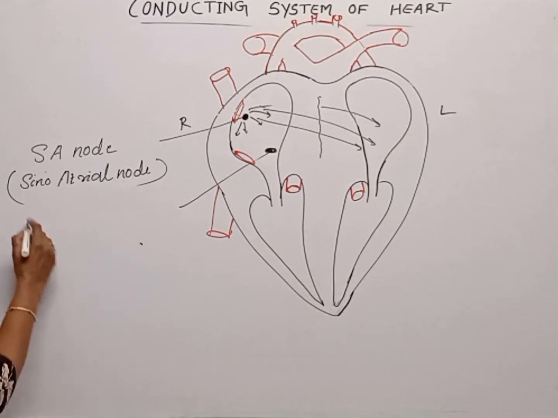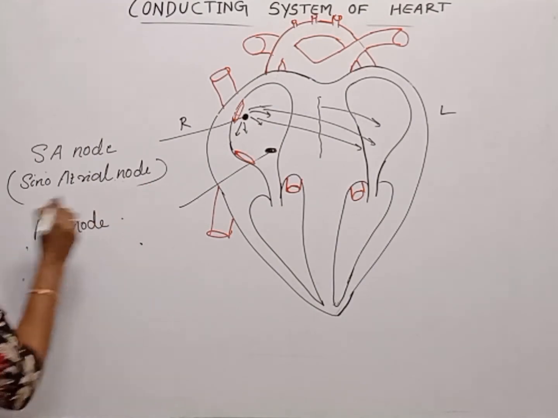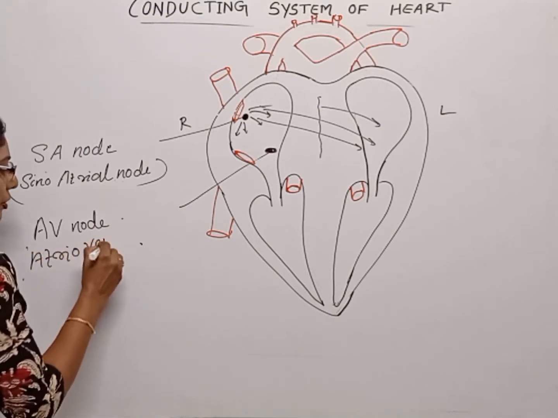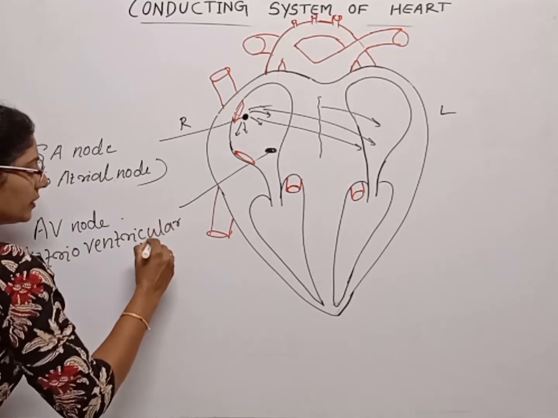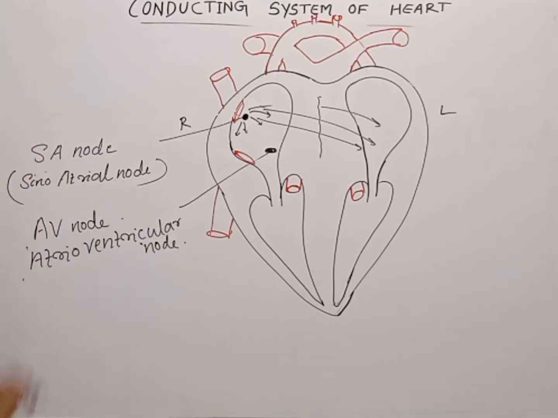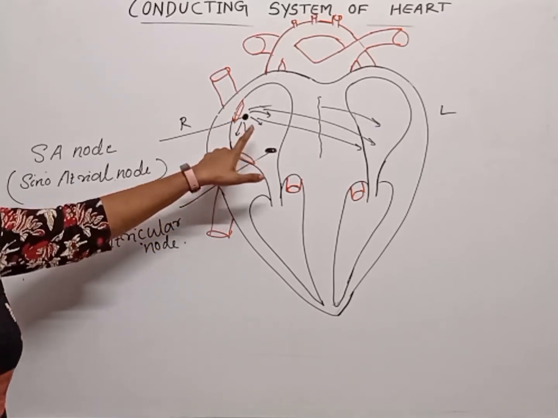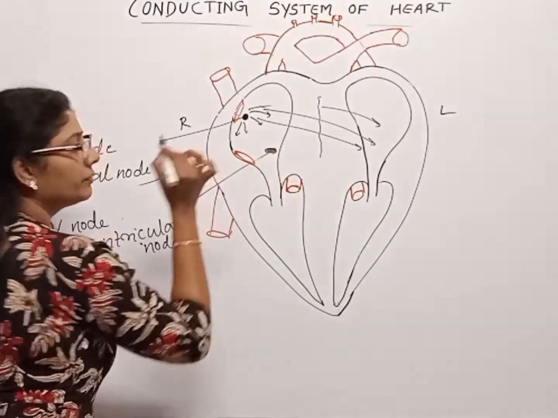This tissue is called AV node, that is atrioventricular node. The SA node will transmit the wave of contraction to the AV node.